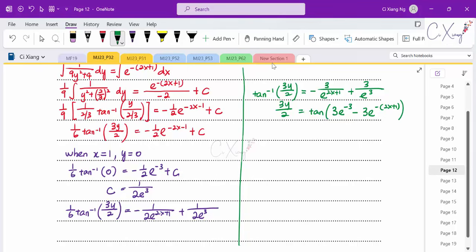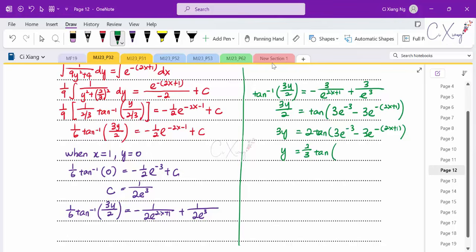Then again, move the 2 over. Then last step, try to move the 3 over. So eventually, the equation that we get, y in terms of x, will be this one.